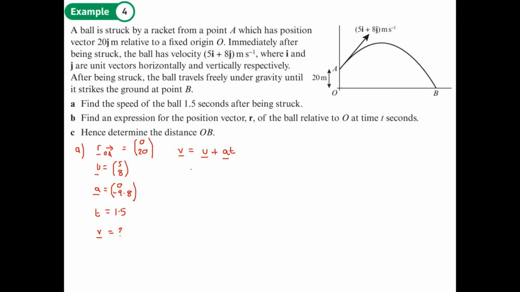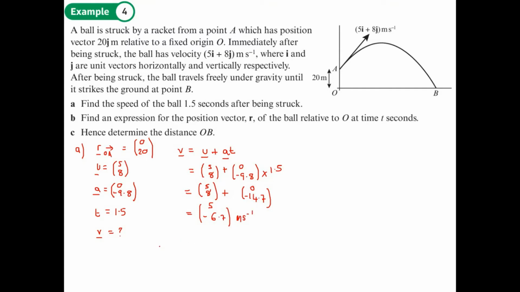So I'm going to sub in all the bits and pieces I have. So I've got (5, 8) plus (0, -9.8) times 1.5. So I've got (5, 8) plus (0, -14.7), and I put that all together, I've got (5, -6.7) meters per second.